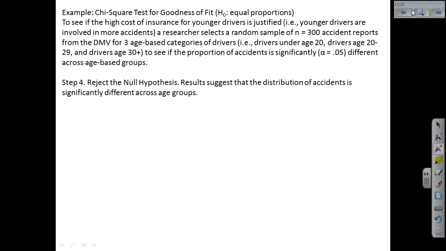And that's a problem because we were comparing the frequency of accidents by age to an inaccurate frequency of drivers by age. So instead of expecting equal proportions or frequencies of car accidents across age groups under the null, let's actually compare the age-based proportion of accidents to the age-based proportion of registered drivers.